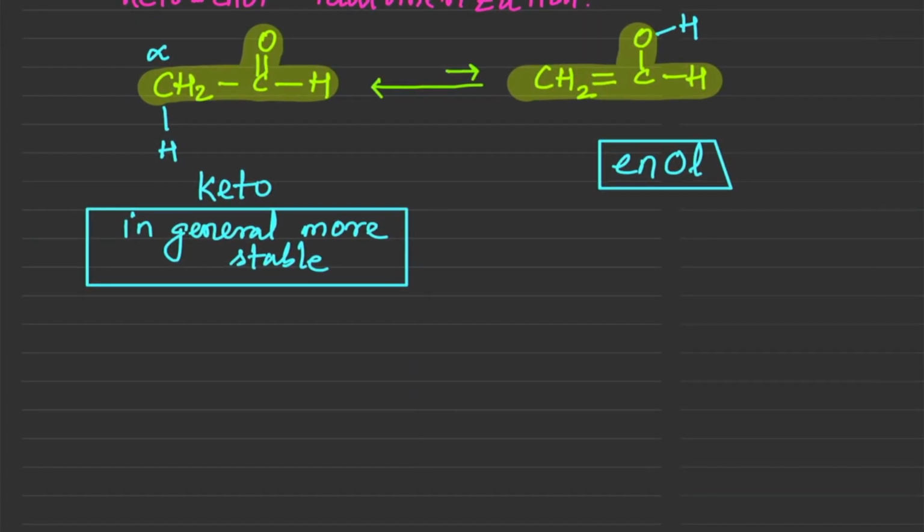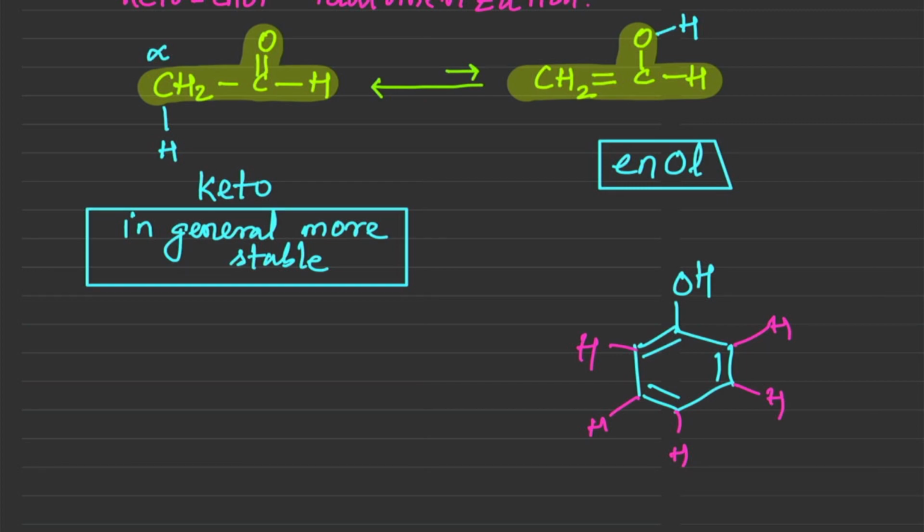I could draw another version here, with a benzene ring. I will draw on this side. So if we have something like this, a benzene ring with OH, and you notice all of these are going to have hydrogens. This is where the alpha location is going to be.